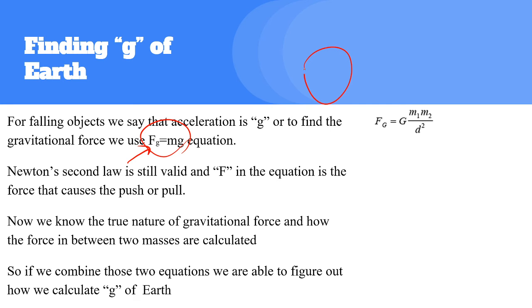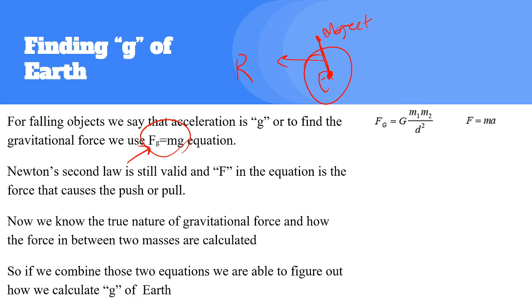So if we are talking about the system of Earth and any object, our two masses are Earth and object. When you drop the object, it goes towards the Earth. So the force between the two masses involves the object's mass and the Earth's mass. And the distance is from the center of the Earth to the object. So in this case, this distance is going to be roughly the radius of the Earth.